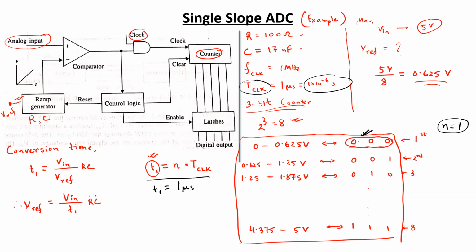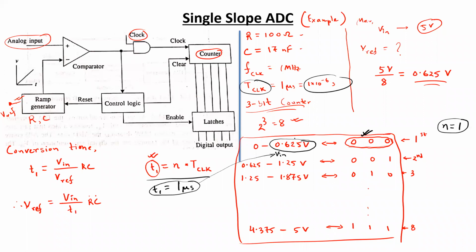Now, corresponding to T1, what should be the maximum limit of your input voltage? That is this one, 0.625. So for this duration of T1 or 1 microsecond, the maximum limit of the input voltage is 0.625. So this is your V in corresponding to T1 equals 1 microsecond.